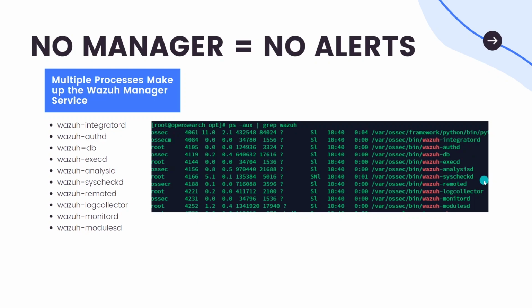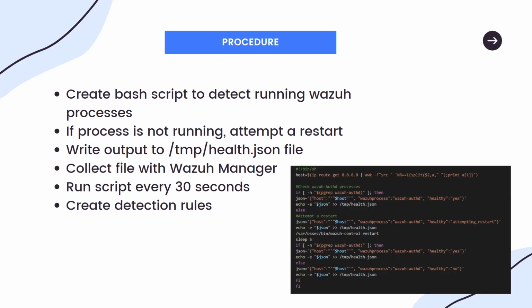Your syscheckd process is the file integrity monitoring process. So all these various tasks make up the Wazuh manager as a whole, and a failure in any one of these processes results in our Wazuh manager not running in as healthy a state as it needs to take advantage of all of its features.